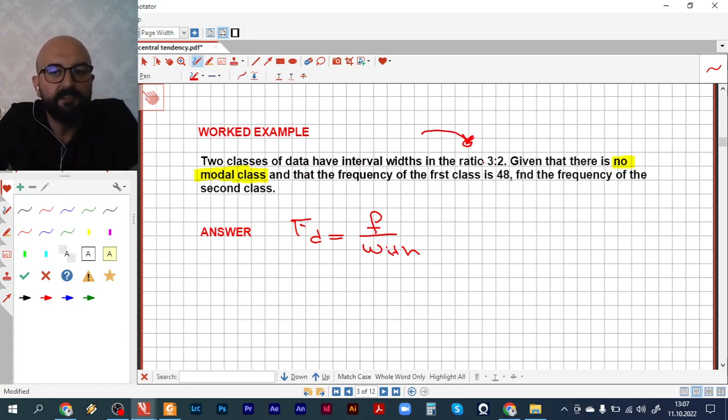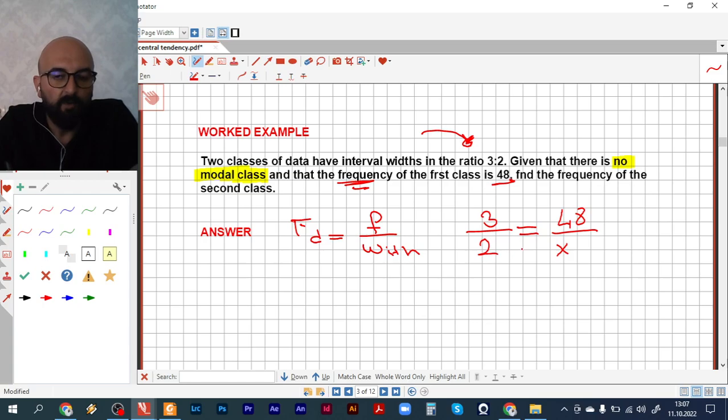Given that the ratio of the widths is 3 to 2, the frequency density should equal the frequency over the width. The first class frequency is 48, and the second class frequency x should be x.